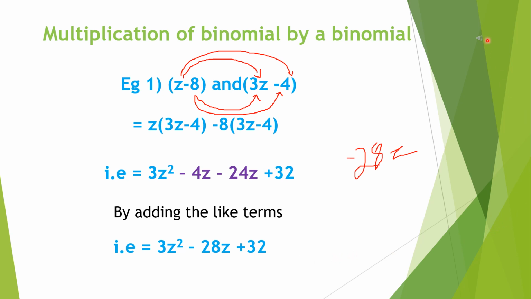Example 2. 2pq plus 3q square into 3pq minus 2q square. We should multiply this term to these two terms and this term to these two terms.